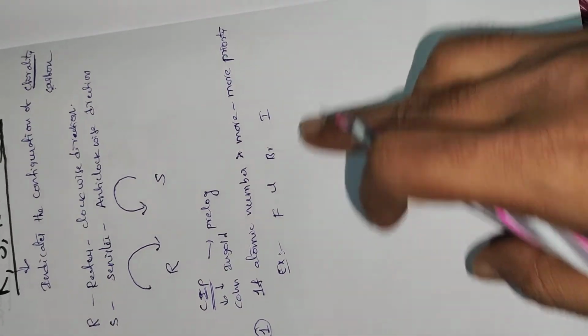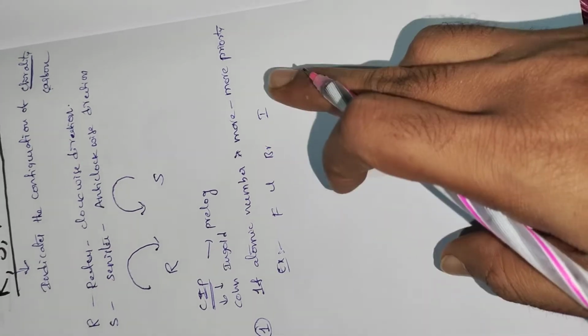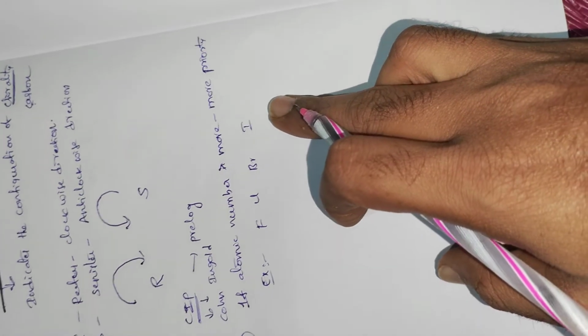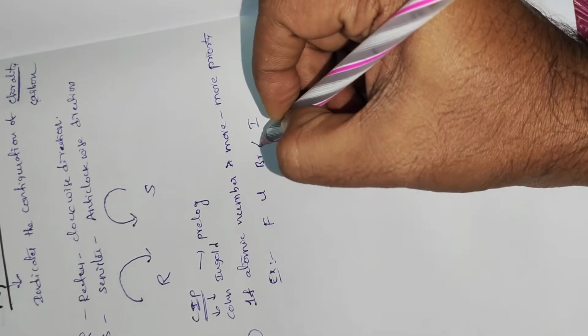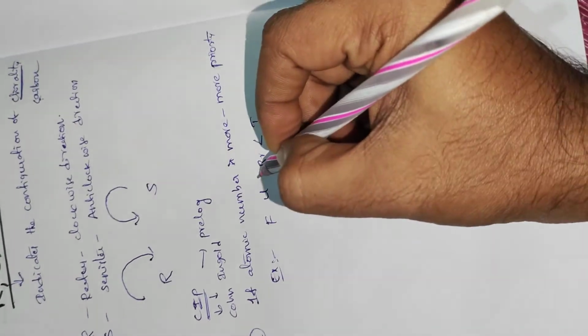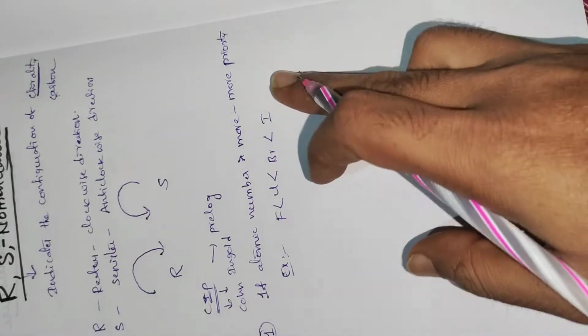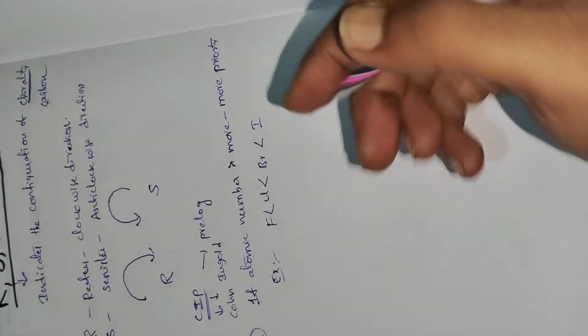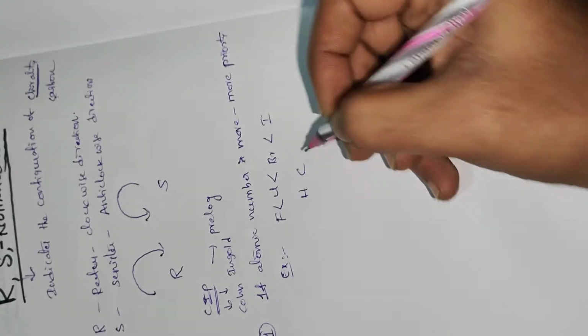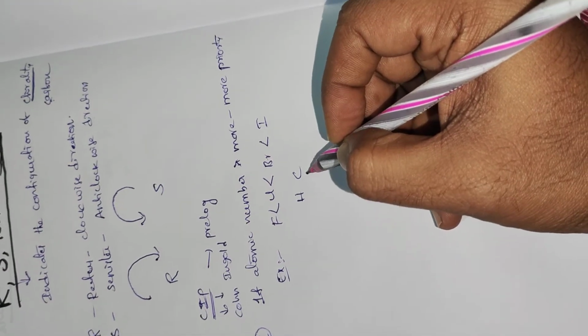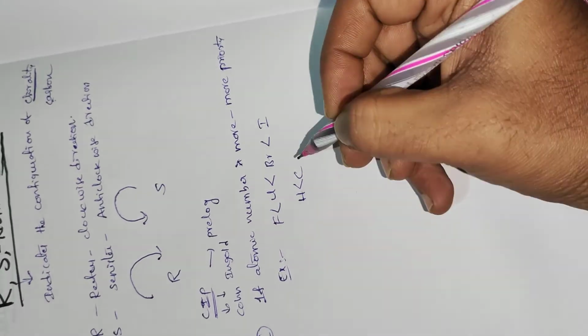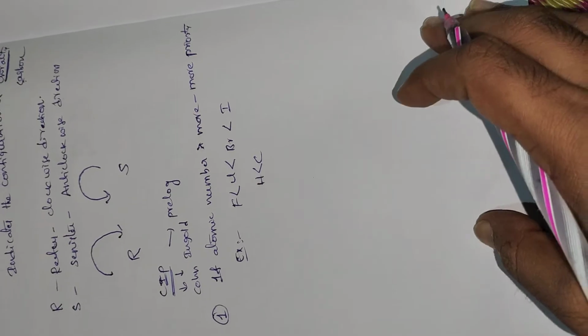In these 4 atoms, fluorine has the least atomic number and iodine has the highest. That means we give first priority to iodine, after that bromine, after that chlorine. Likewise, comparing hydrogen and carbon, carbon has the higher atomic number, so carbon is given first priority.